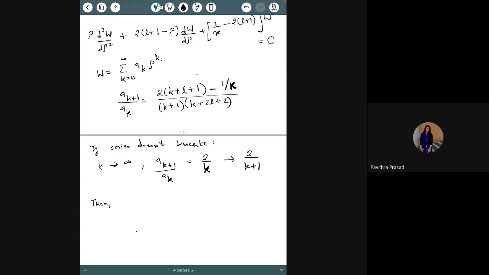Okay, and then if a(k+1) by a(k) is equal to 2 by k plus 1, then I can write a_k as 2 to the power k by k factorial a0. And from this... Ma'am, are we substituting kappa by k plus 1? No, this is also k.